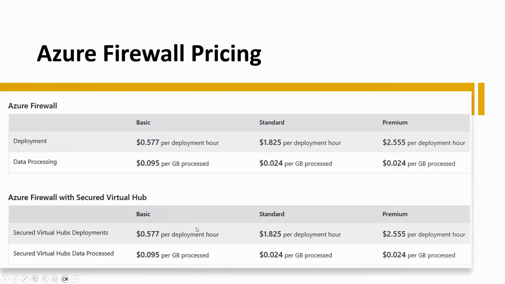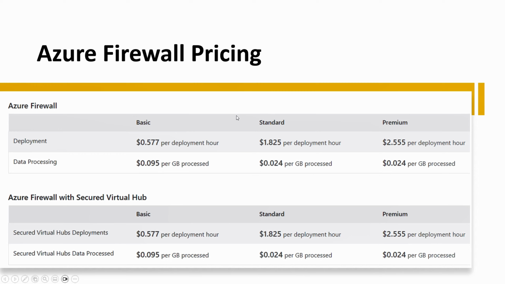However, the charges are the same whether you deploy Azure Firewall directly or in the virtual WAN in the secured virtual hub. The charges for Basic, Standard, and Premium are the same. And not only the deployment charges, the data processing charges are also the same. So using the previous feature table as well as this cost table, now you can decide which SKU of Azure Firewall will fit your purpose.